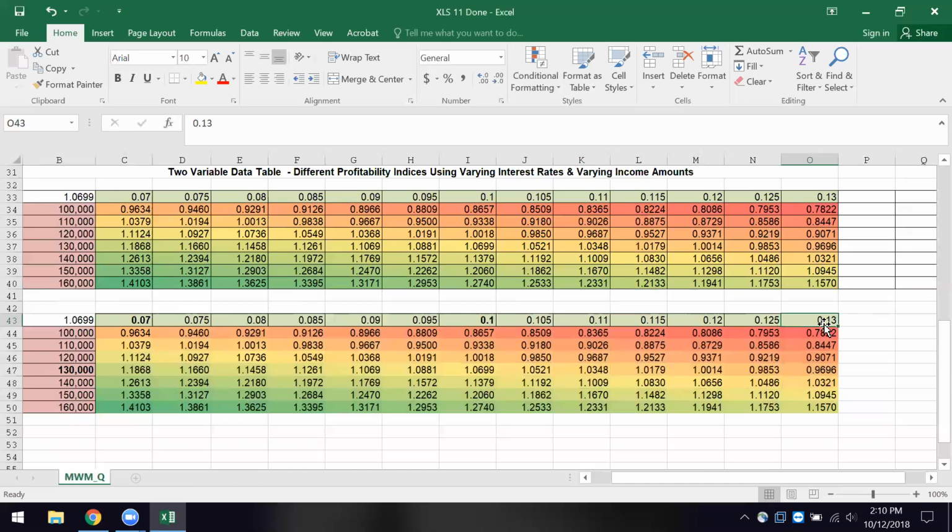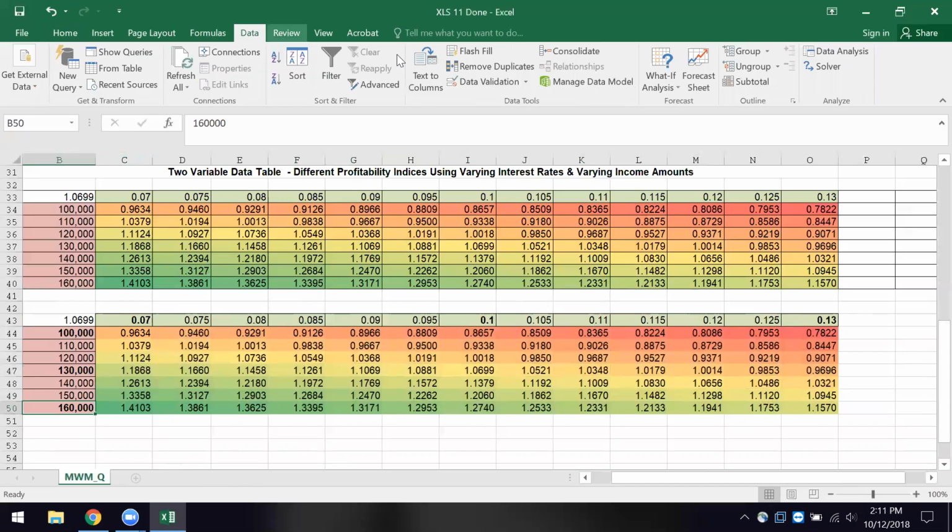Here's my worst case scenario in terms of discount rate. Here's my worst case scenario in terms of annual income. Here's my best case. And you'll see that's why we use the data table, and we use that and click back on data, and we did the what if analysis. Okay? So that's pretty much it.